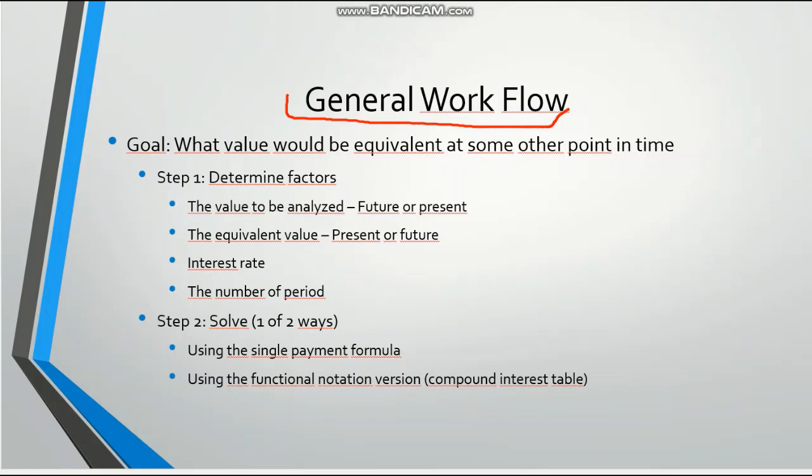After we determine all these factors, we need to solve in one of two ways. The first is using the single payment formula, which is the mathematical representation I gave you, or using the functional notation version with the compound interest table, which I showed lastly in the textbook. You can find it anywhere on the internet as well, or in all the engineering economy textbooks.